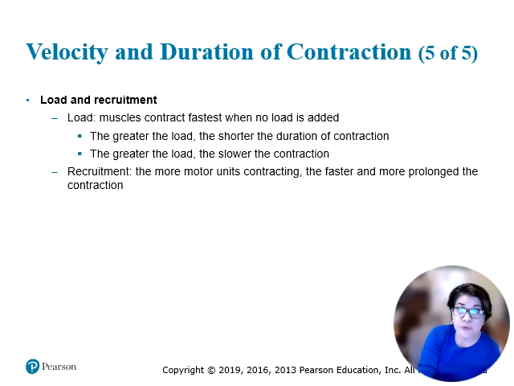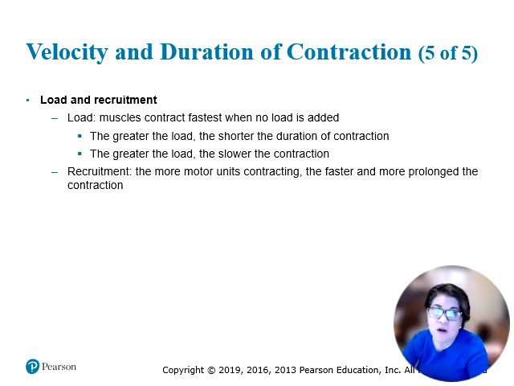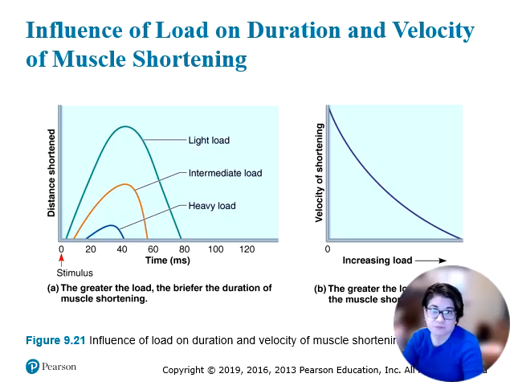Okay, so load and recruitment. If you have a greater load, you're going to have a shorter contraction and slower contraction. So the muscles are not going to be contracted as much because they're working so hard. And then the more muscle fibers or motor units that are recruited, you're going to have a faster and longer contraction with more muscle fibers.